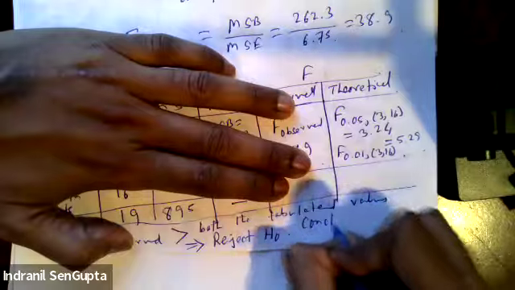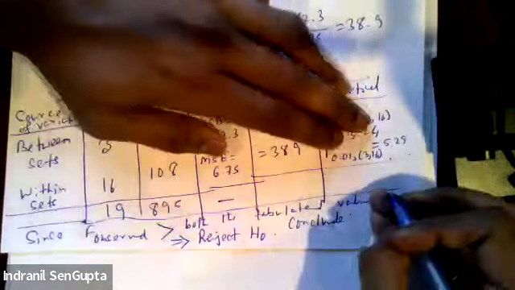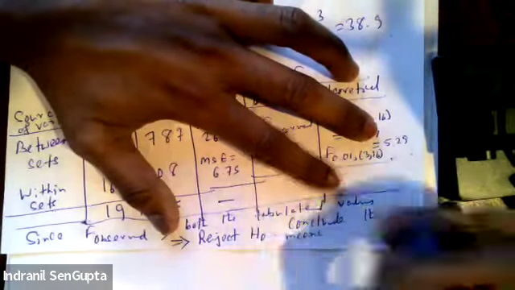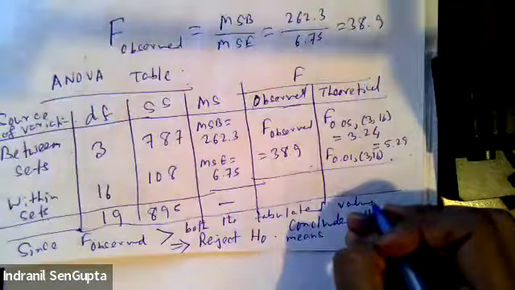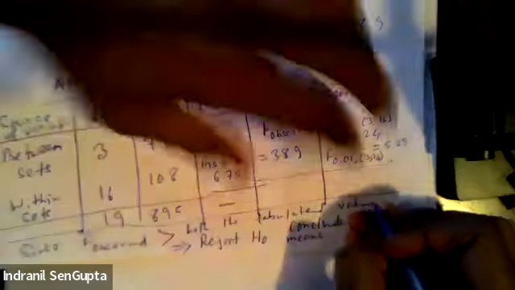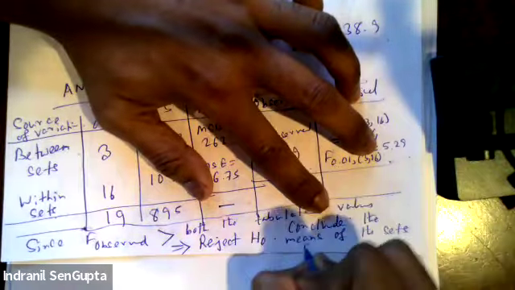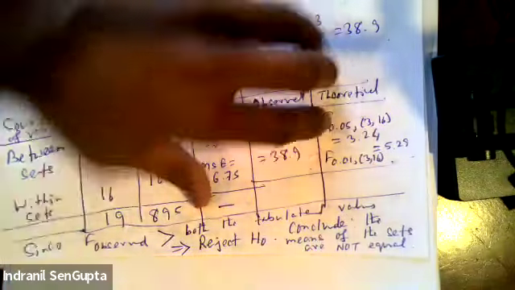Conclude that the means of the sets are not equal. So that is the conclusion.